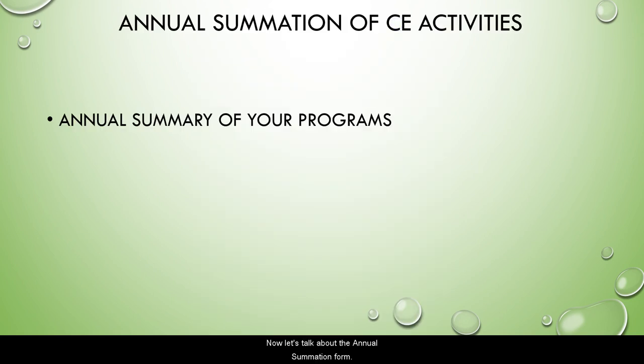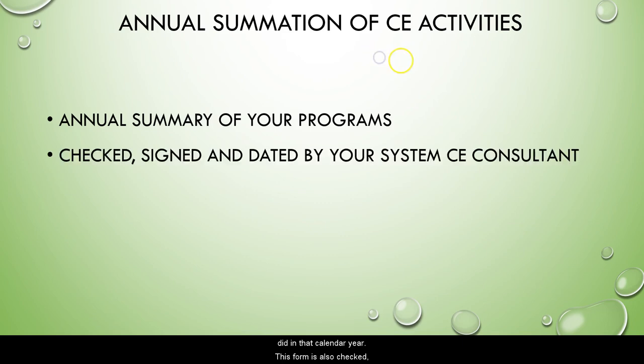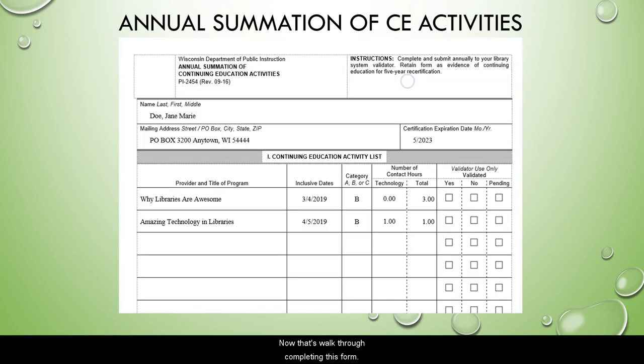Now let's talk about the Annual Summation form. Think of this as an annual summary of everything you did in that calendar year. This form is also checked, signed, and validated by your System CE consultant. Now let's walk through completing this form. I'm going to add my contact information at the top, as well as my public library certification expiration month and year. I list the two titles of the two programs that I attended.